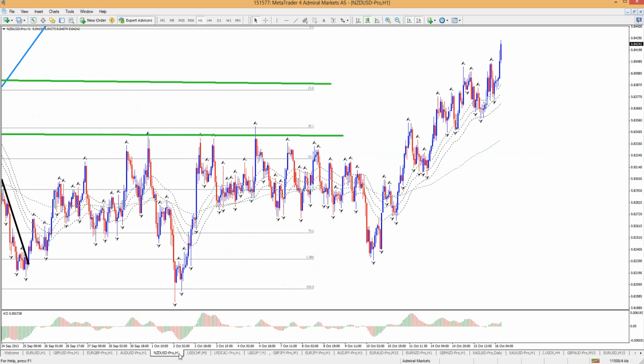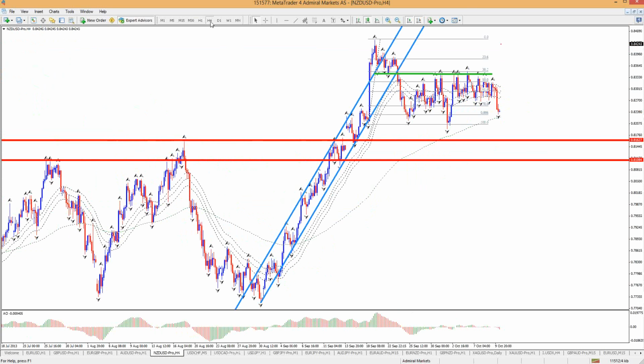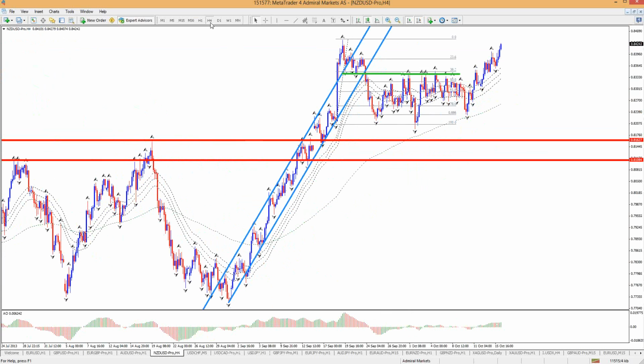Kiwi. I haven't looked at the Kiwi in a while, in fact, since it was stuck in this range.